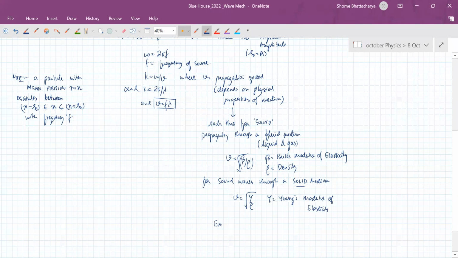So for example, a metal can have Young's modulus of something like this, let's say, and a density of something like this, let's say.